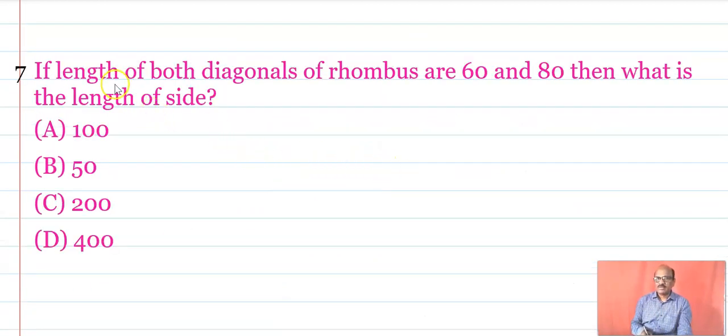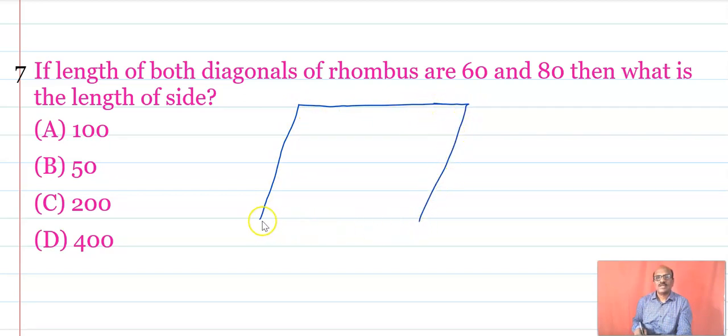If the length of both the diagonals of rhombus are 60 and 80, then what is the length of the side? If I draw this, the rhombus. Okay. अशा रीते आपण rhombus घेतला. And each side of the rhombus कसे असतात तर ते they are equal and these are the diagonal.